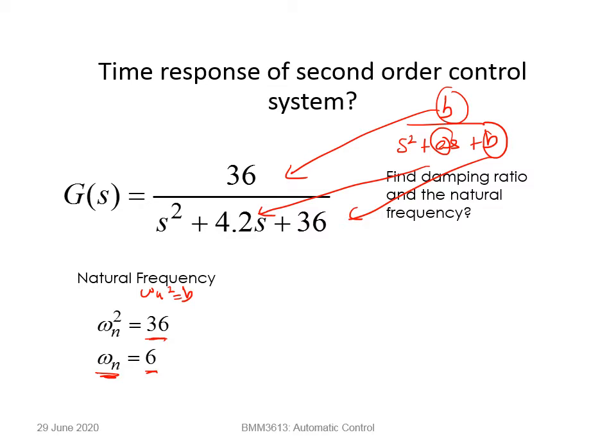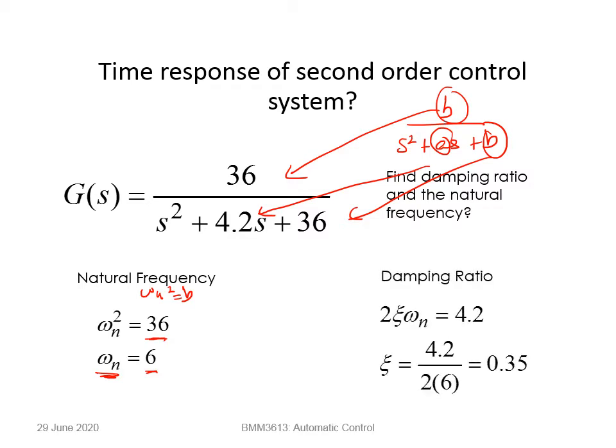So that's easy. Now what about the damping ratio zeta? We know that 2 zeta omega n is a, right? If you look into the previous slide, a is 4.2, so 2 zeta omega n is 4.2.